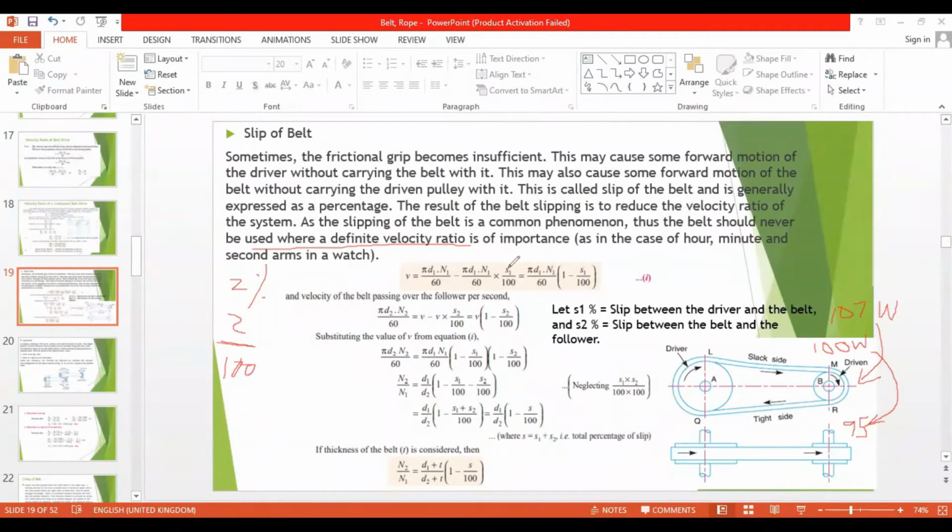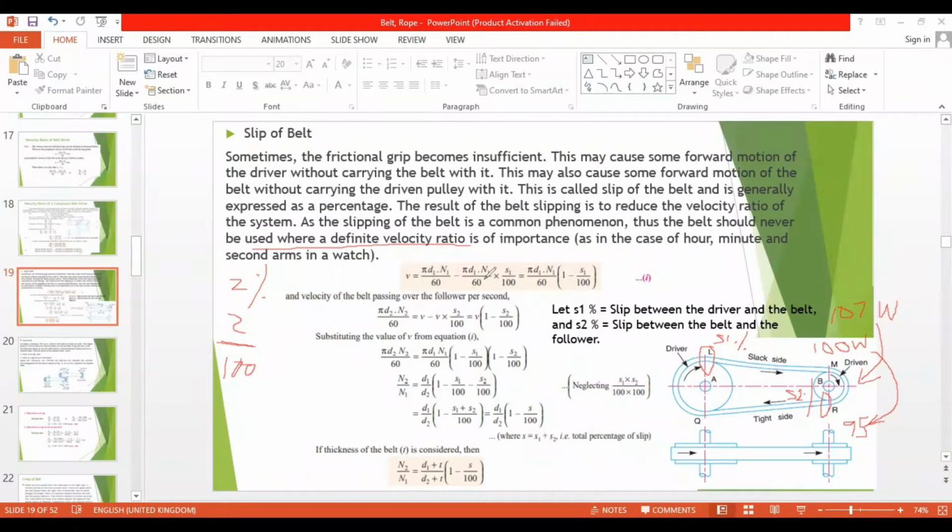Let S1 be the slip percentage between the driver and the belt, and S2 the slip percentage between the belt and the follower. Percentage means S1 by 100, not 60, sorry. I will apply this in the velocity. So pi d1 n1 by 60 should be the normal velocity.